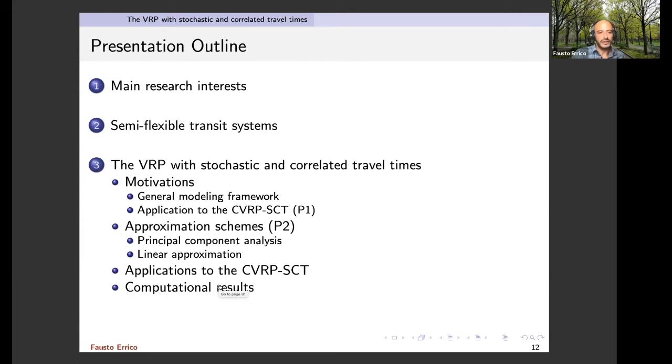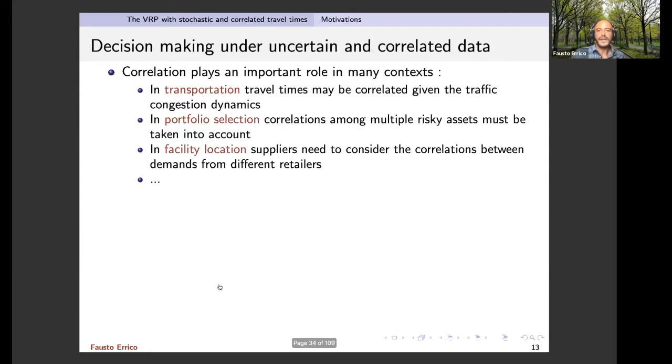So first of all, is it important to consider correlation when we have a decision problem with uncertainty? The answer is certainly yes. And it is important, for example, in transportation, and this is the case that concerns us the most. For example, travel times are usually very much correlated due to congestion dynamics.